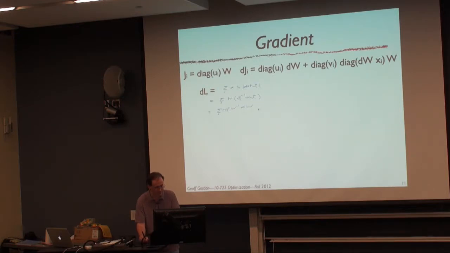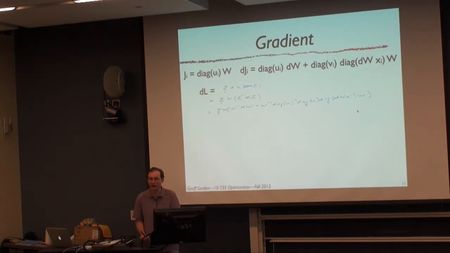Trace. And then the second one, we're going to have plus W inverse diag of u_i inverse diag of v_i diag of dW x_i times W, right?